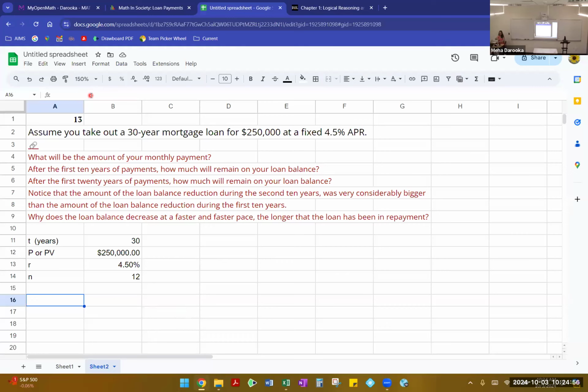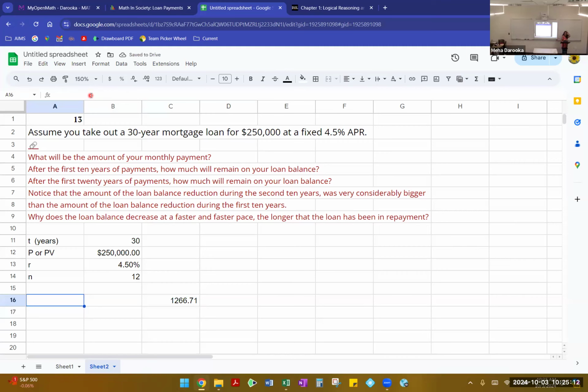Can anybody verify if they have the same answer, or if you have a different answer than 1266.71? That's what you came up with? Okay. So this is what we have.